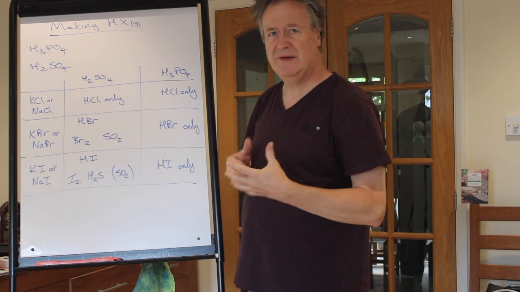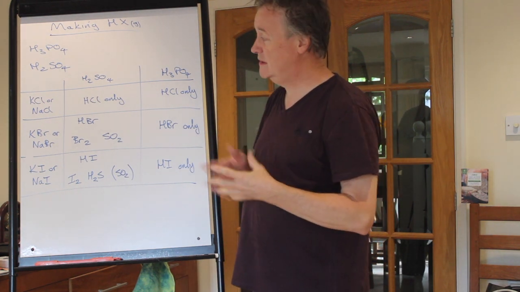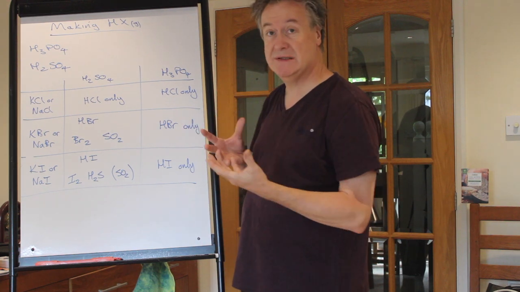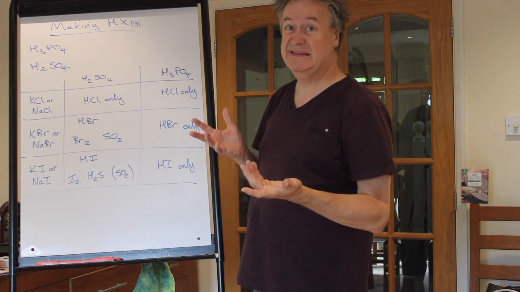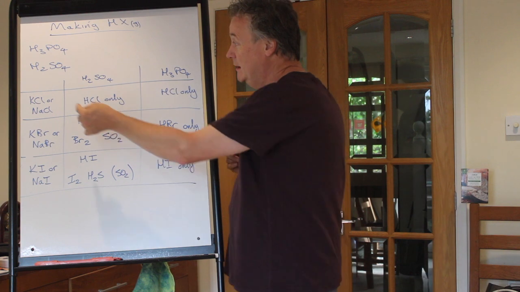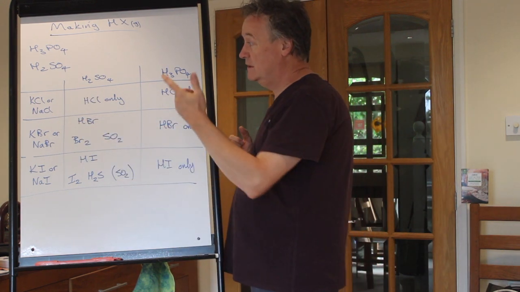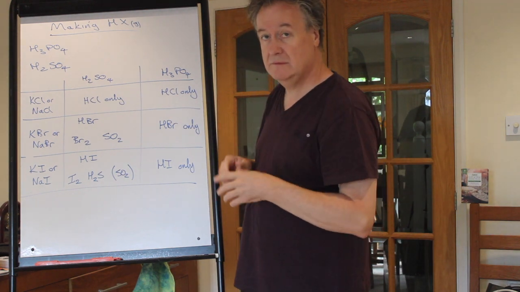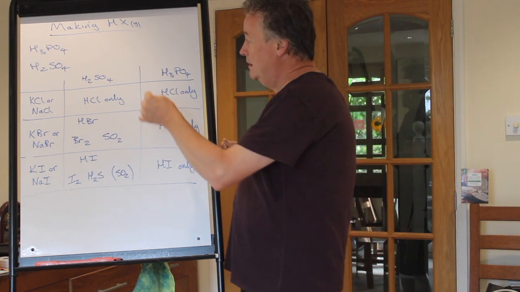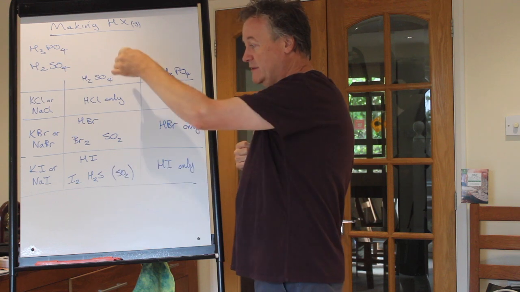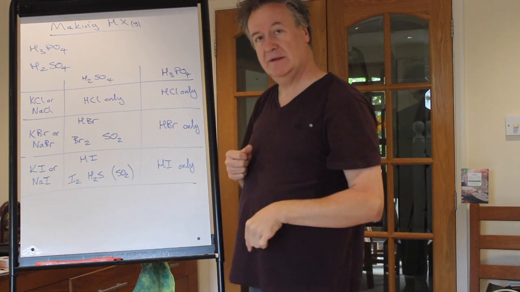Some people think, oh, do I have to use potassium or sodium salt? It doesn't make any difference, because the sodium or potassium is passive in what it does, it doesn't have a role to play. So it is just the halide ion that is doing the chemistry, so the metal ion is irrelevant. So we have to do this because A-level chemistry courses ask about the reaction.